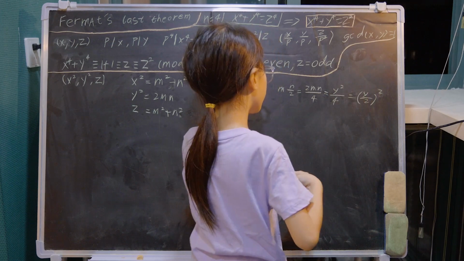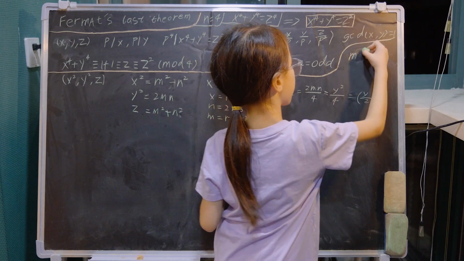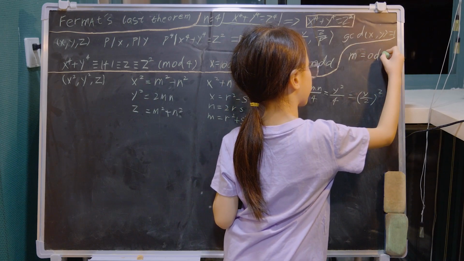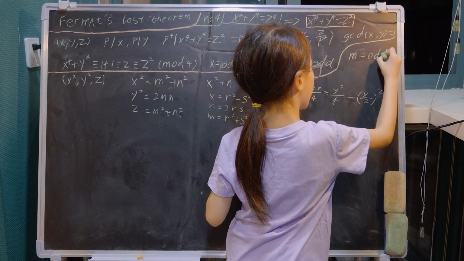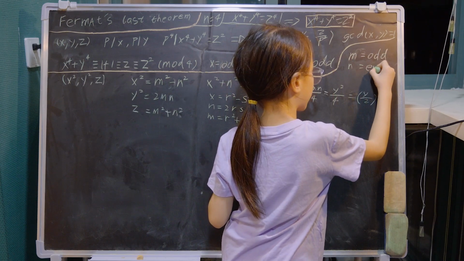Okay, and we know m, so we can set m is equal to odd, and n is equal to even. They need to be relatively prime.